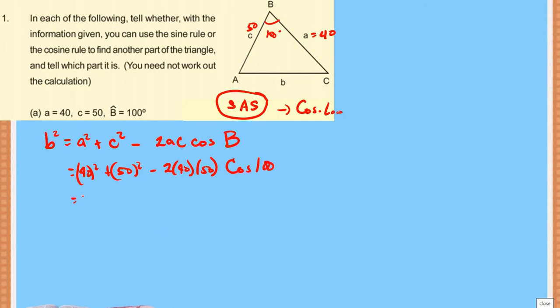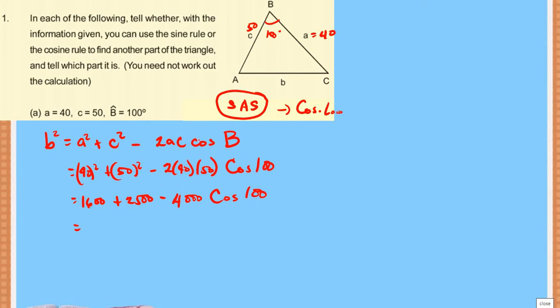So that would be 1,600 plus 2,500 minus 4,000 times cosine 100.